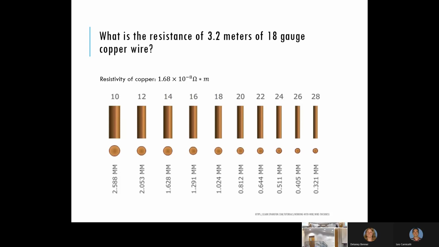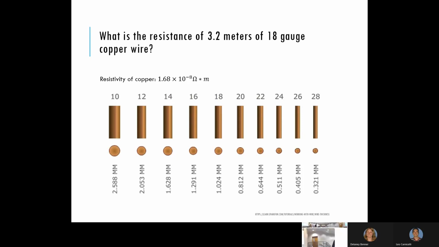So I thought, what happens if you have, let's say, the resistance? You have a 3.2 meter wire of 18 gauge. So go ahead, take a minute, calculate the resistance of a 3.2 meter long wire that's 18 gauge copper. Talk to your neighbor, go at it. Let's assume that this is a diameter, not a radius. So I'll highlight that as well.